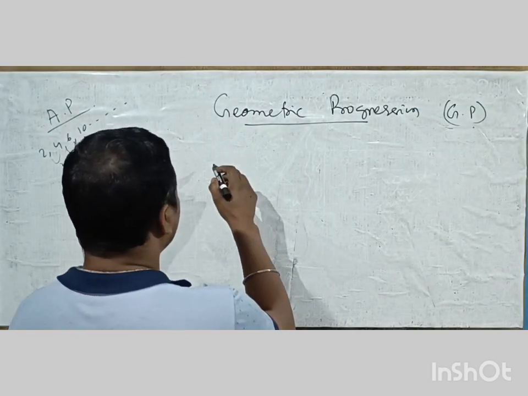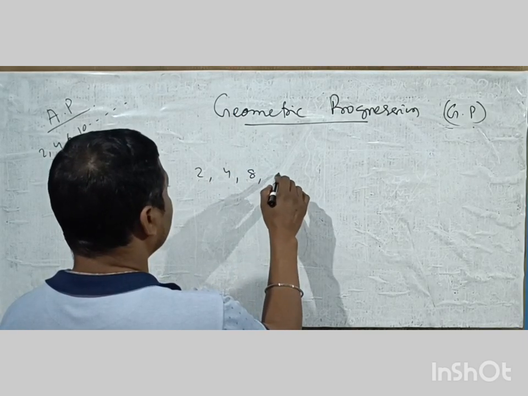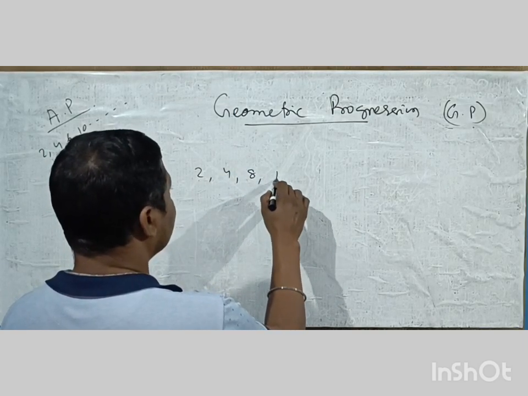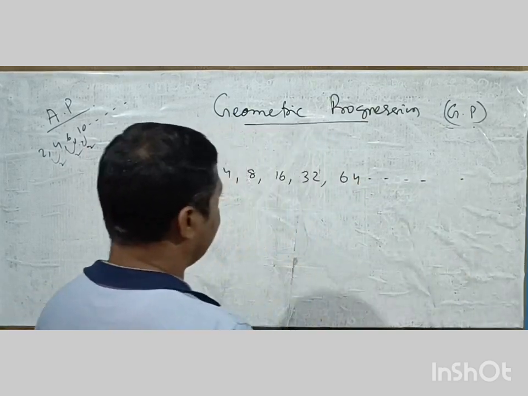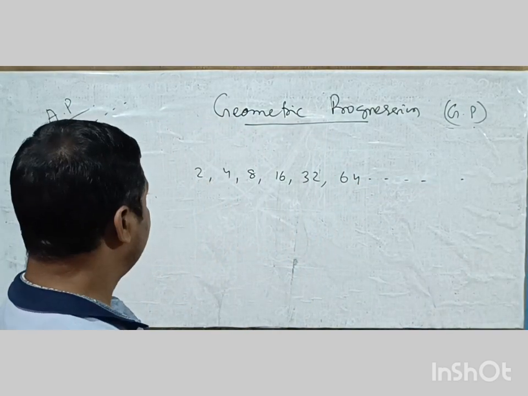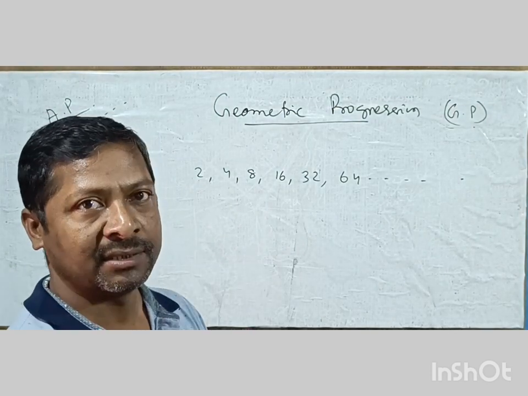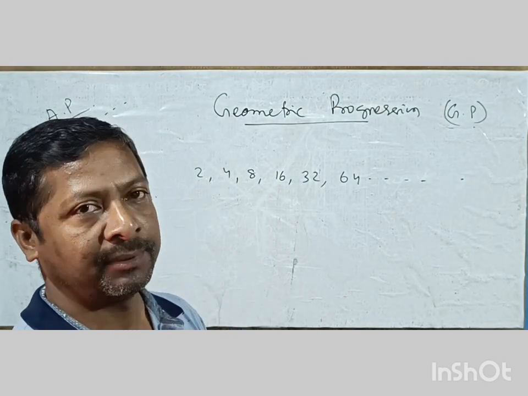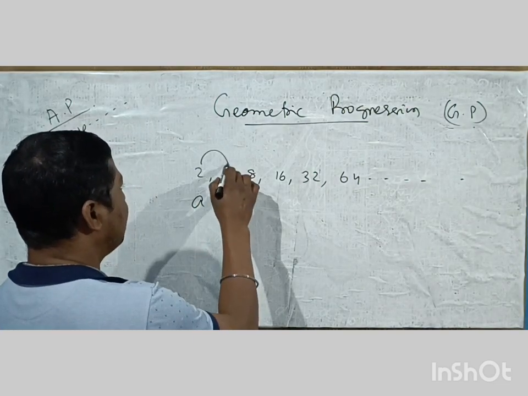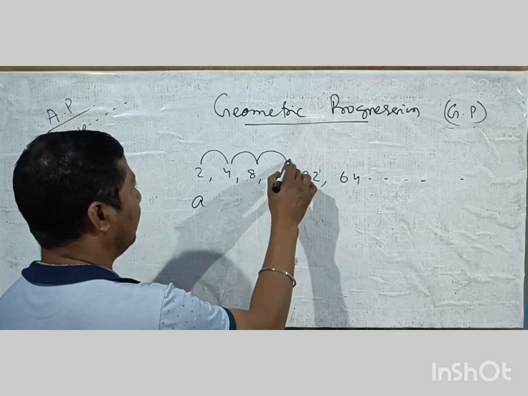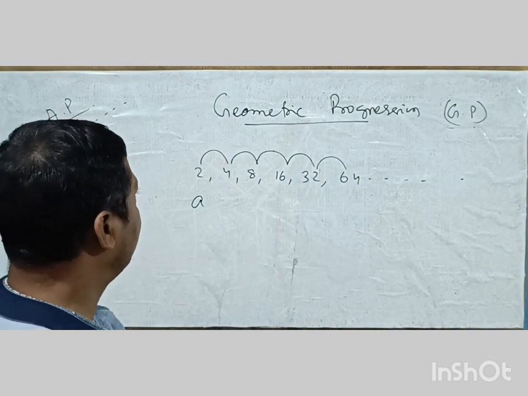Suppose 2, 4, 8, 16, 32, 64, like this. So the first term is the same as in AP, A, but the common ratio is there. The common ratio will be the same.